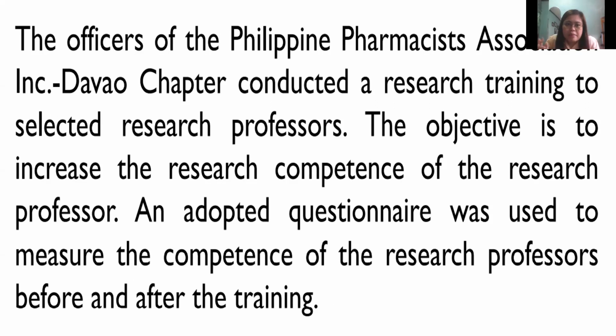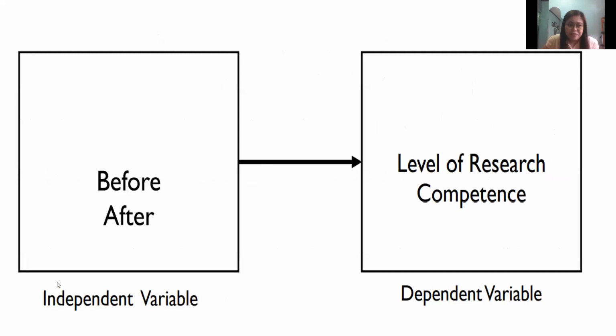We check the competence of the subjects before, then give them training, then check again after the training. It is the same set of samples, but you have two scores, the before and after. That's why the paired t-test should be used. I hope you have understood the difference between the independent sample t-test and the paired t-test.